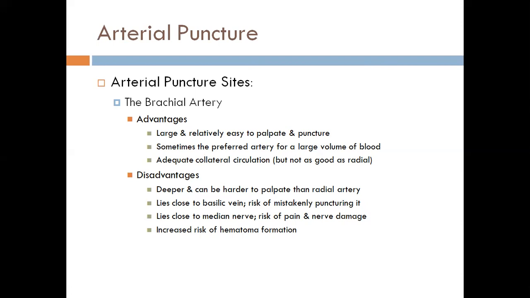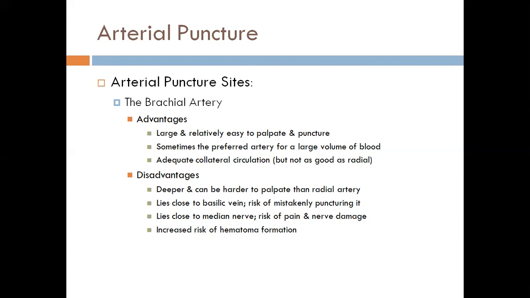Okay? Pero syempre, iba-iba naman tayo, so it depends. Next advantage is that this is the preferred artery for a large volume of blood, just in case you'll be needing large volume of blood, wherein you need to collect, okay, for example, 3 ml of arterial blood.